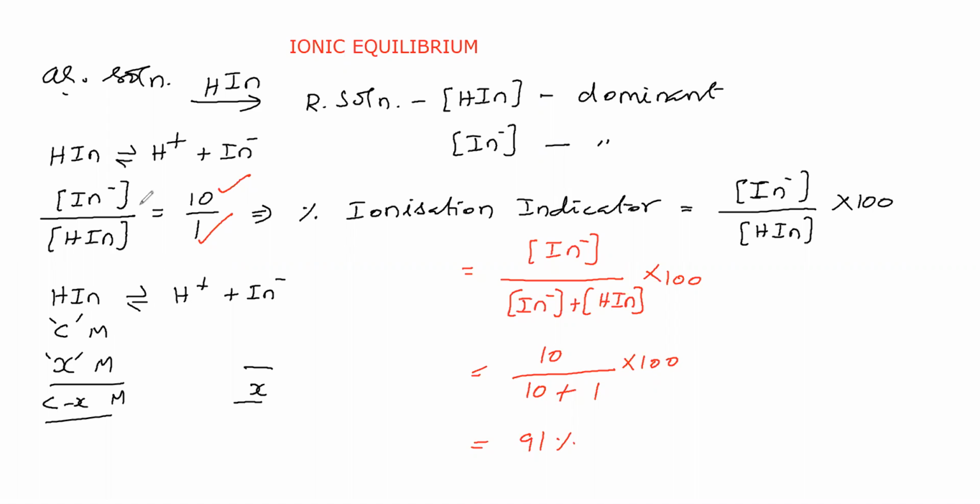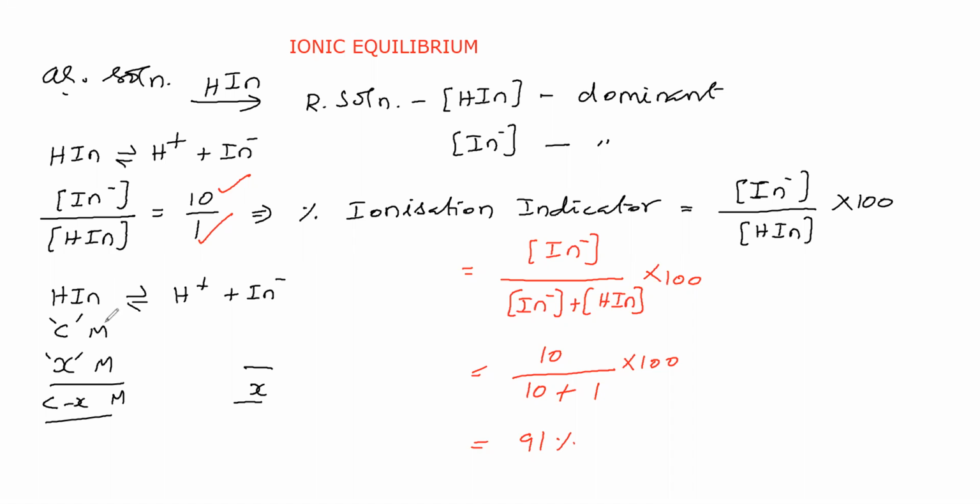Therefore, under the given condition, at the given pH of this aqueous solution, this equilibrium is such that the ratio is 10:1. That means IN minus is present 10 times at equilibrium, HIN 1 time, not initially, at equilibrium.